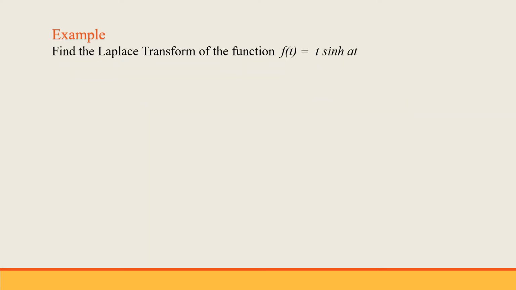So let's see how to use the multiplication property to solve this example. The question is, find the Laplace transform of the function f(t) equal to t into sinh at, that is sine hyperbolic at. Solution. As we know that the Laplace transform of sinh at is equal to a by s square minus a square. We have done it in the earlier lecture.